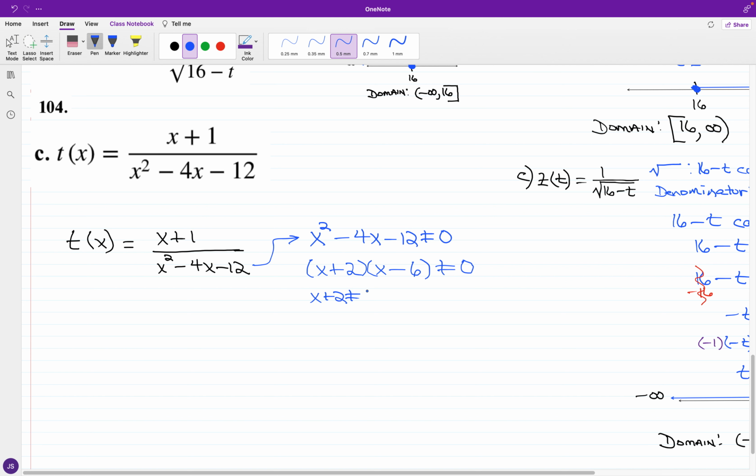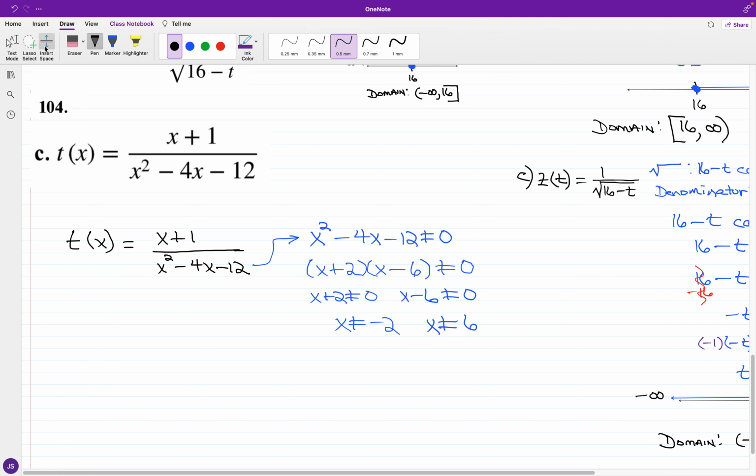Again, this time setting up where the factors cannot be 0. For the first of these, if x plus 2 cannot equal 0, it turns out that x cannot be equal to -2. And if x minus 6 cannot equal 0, then x cannot be equal to 6.